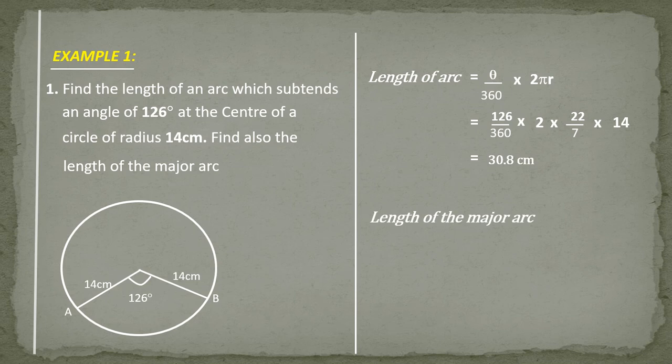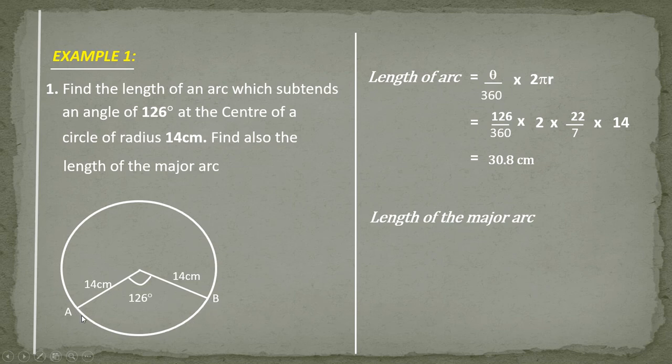The next part of the question, length of the major arc. Now, where is the major arc? The major arc is this. From this point A, when you run along this path up to this point, this is our major arc. Now this point from A up to B, this length here, is the minor arc.